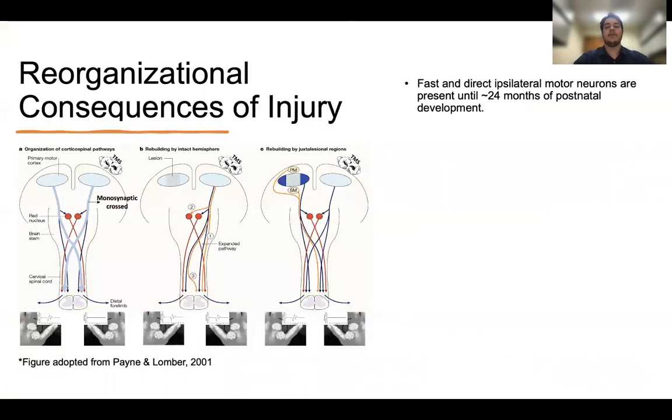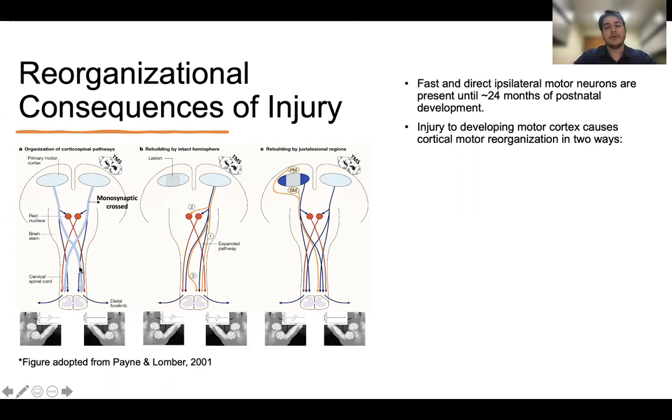Now, moving on to the development of the motor system, up until about 2 years of age, we possess these fast and direct ipsilateral motor cortex projections that collaterally regress following unaltered motor cortex development. And this is in addition to the more commonly known contralateral projections.